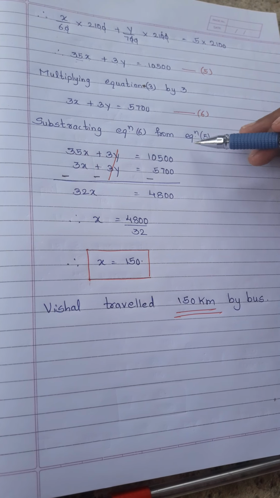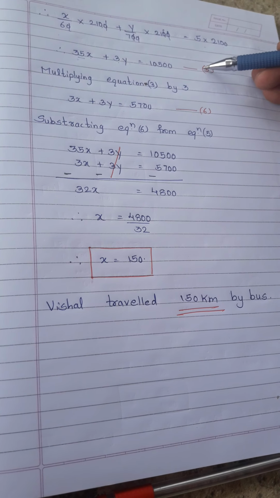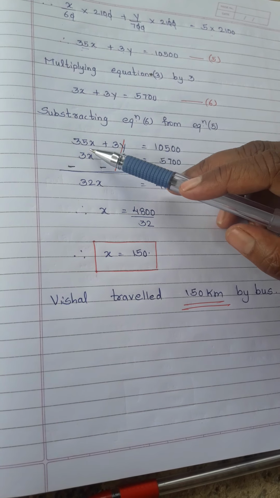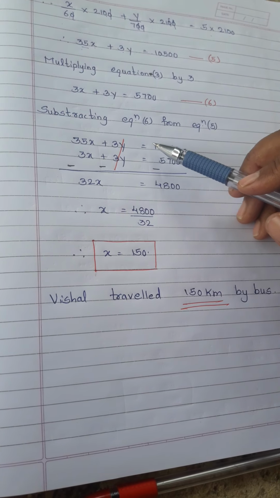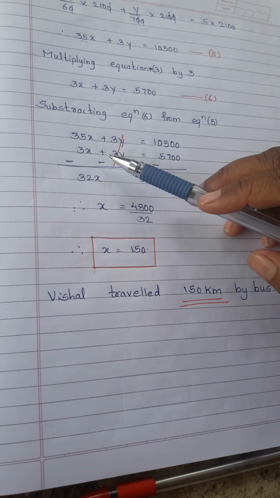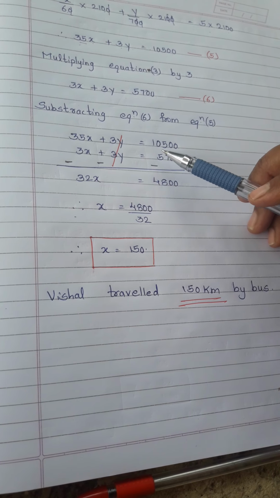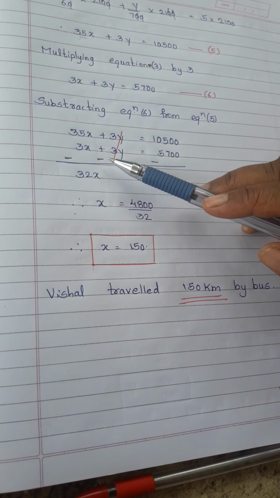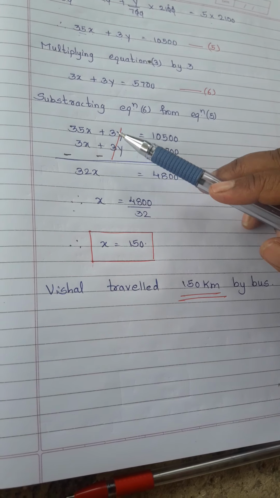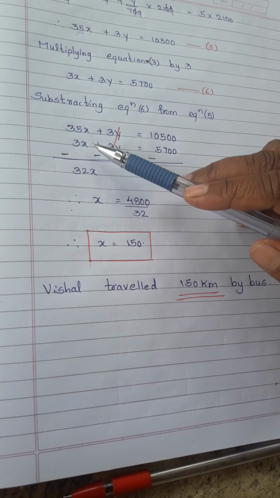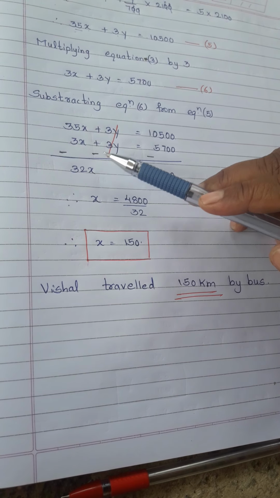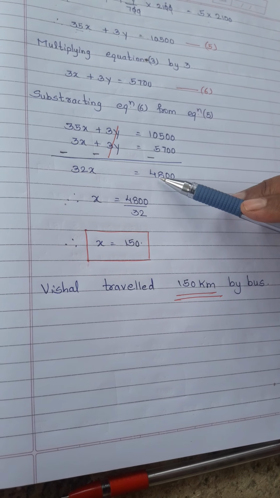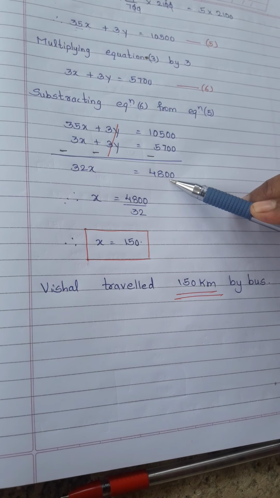Now subtract equation 6 from equation 5. Our equation 5 is 35x plus 3y is equal to 10,500, and equation 6 is 3x plus 3y is equal to 5700. If we subtract, plus 3y and minus 3y will get cancelled. 35x minus 3x is 32x, which is equal to, if we subtract both these, 4800.